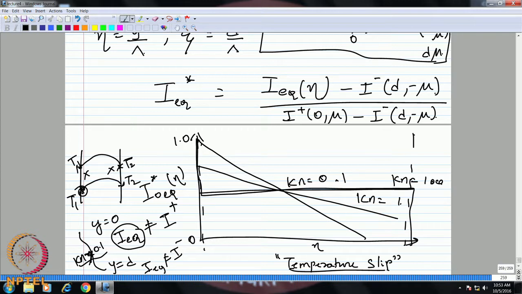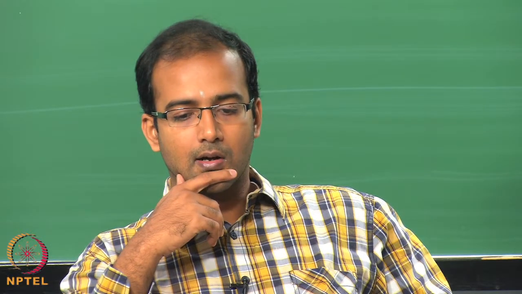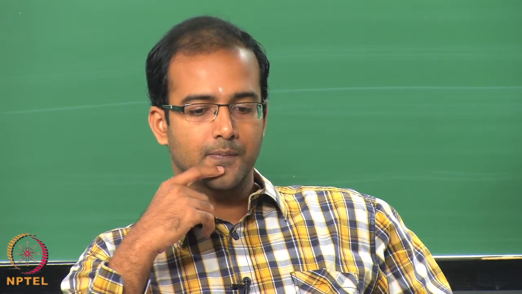This is the characteristic of transport perpendicular to the film. I think we will stop our discussion on nanoscale energy transport with this, because by now you have enough idea of what is happening even in one dimension. The key understanding is that all the size effects become very important at higher Knudsen numbers.